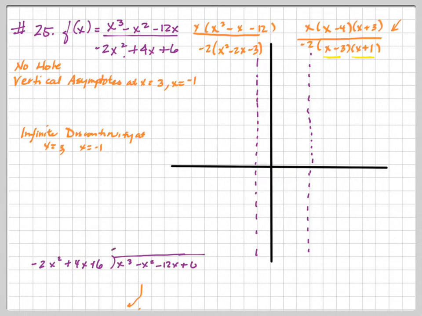So this would be negative 2x, which would give me, no, you know what? That would give me 4. So what does it have to be to have just a 1? It would be negative 1/2 x, right? That would give me x cubed. And then 4x times negative 1/2 x would be minus 2x squared.